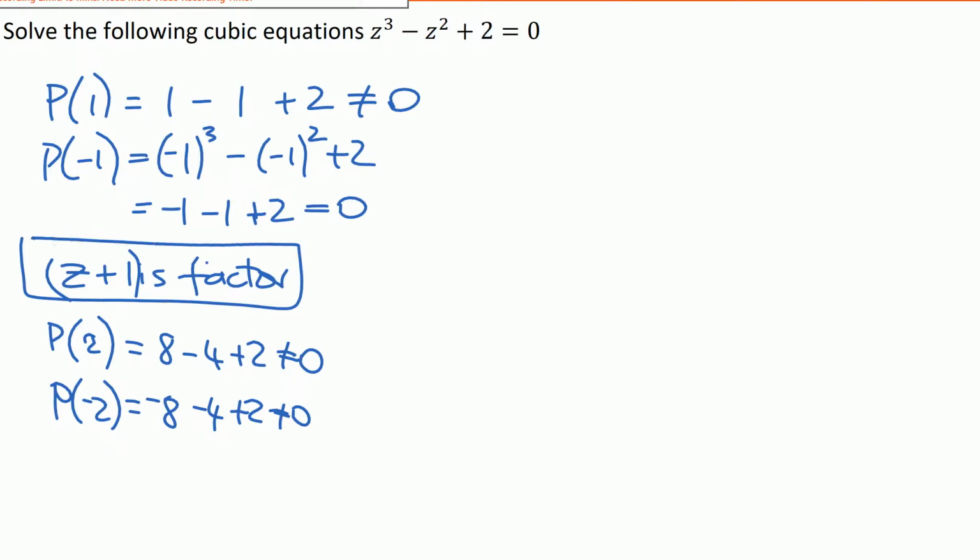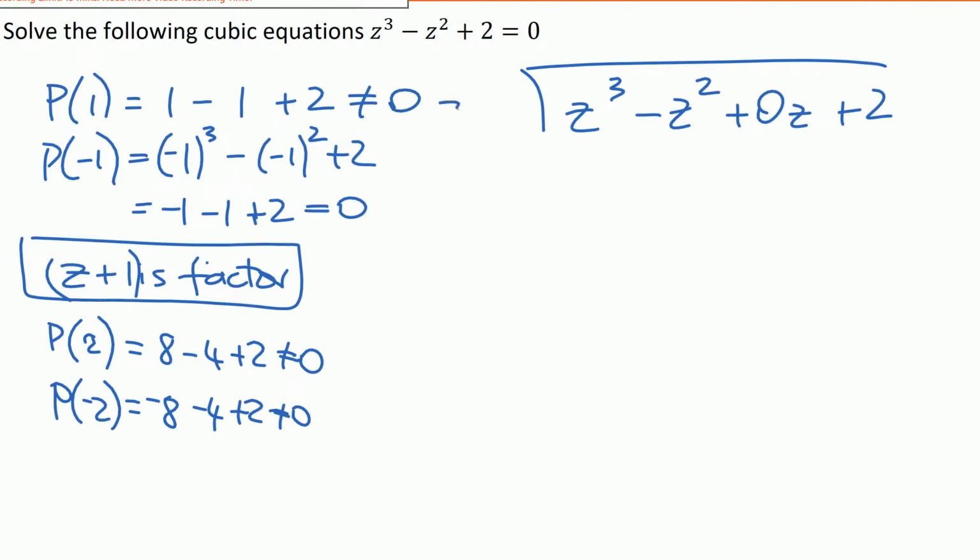Once I've found that one, what am I going to do now? Long division. So Z cubed minus Z squared plus 0Z plus 2, all divided by Z plus 1. Why did I put that 0Z in there? Placeholder.